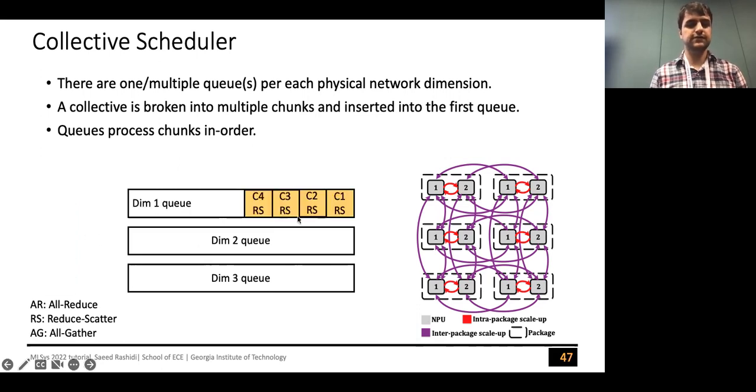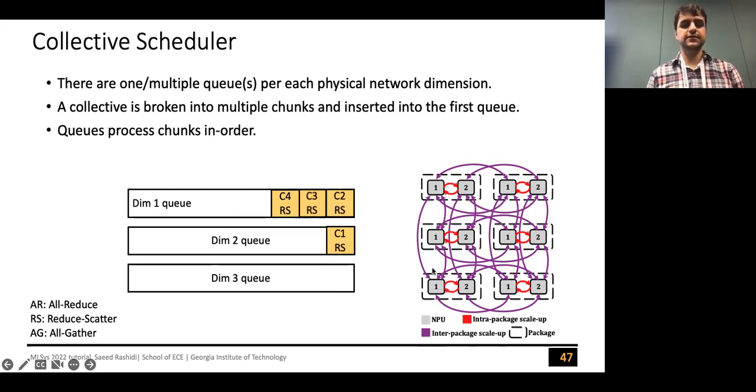First we schedule on the first queue, which is responsible for the first dimension of the network. You start from the head of the queue and perform the reduce scatter of the first chunk, which injects traffic into dimension 1. When it is done, you do the reduce scatter of chunk 1 on the second queue. Now you are pipelining and overlapping the reduce scatter of chunk 2 on dimension 1 with the reduce scatter of chunk 1 on dimension 2.